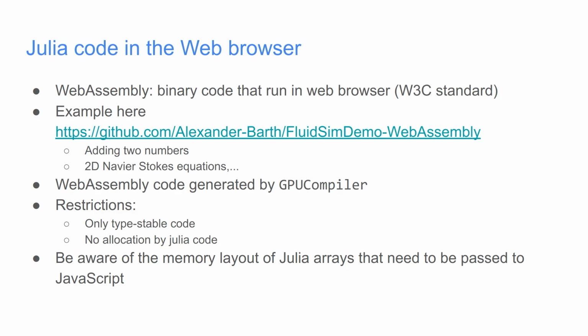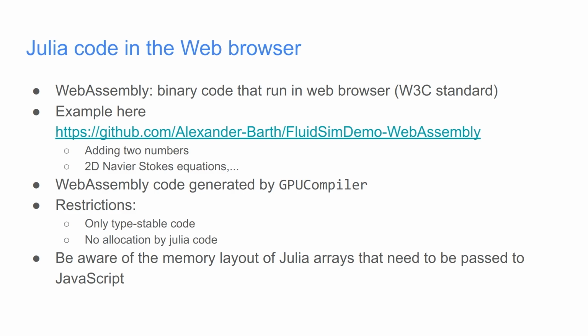There are some restrictions. So GPUCompiler likes to have type-stable code, and it doesn't like to have allocation. Okay, and these are really, if you are implementing a model, if you're doing some number crunching in Julia, anyways things that you should do. So you should be careful that you have no type instability, and you have no allocation in hot loops, for instance. Okay.